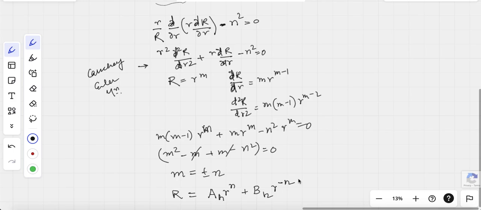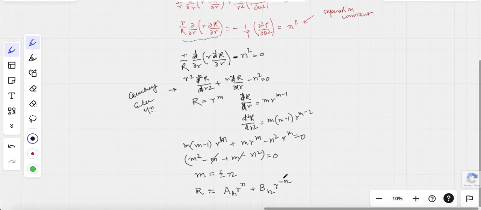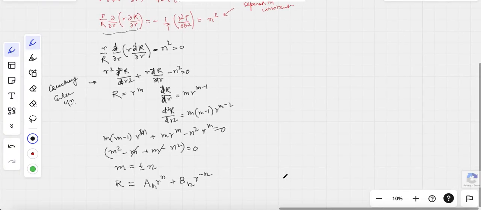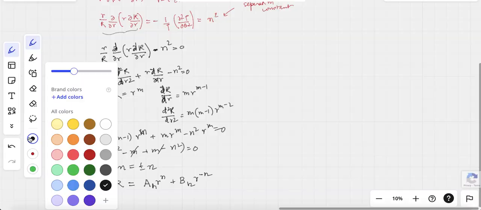Okay, so this is R. We have to find the same, we have to find what theta is. Let me use a different color.